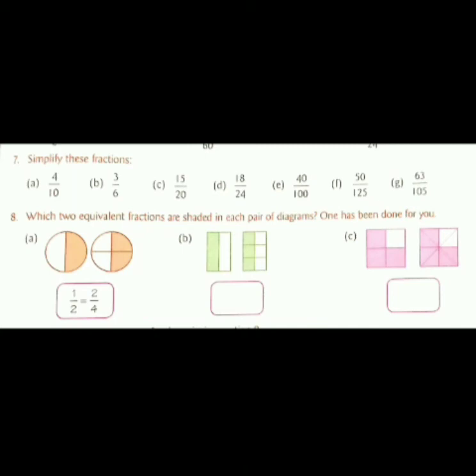Question number 8. Now, question number 9. Complete this calculation for the pairs in question number 8. 1 by 2 is given and here it is coming 2 by 4. How?